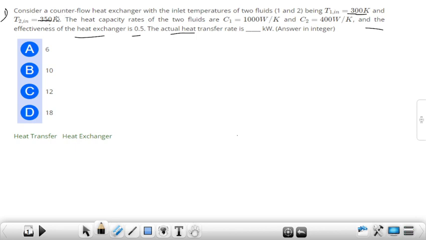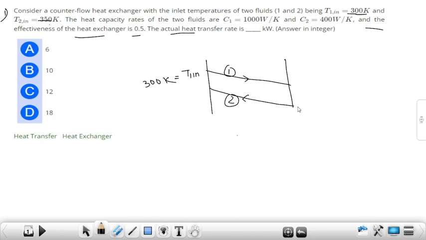So the given data is counterflow heat exchanger. So draw the diagram. First fluid, this is 1, and second fluid, this is 2. So the inlet temperature T1 is given as 300 Kelvin and the second, T2, inlet temperature is 350 Kelvin.